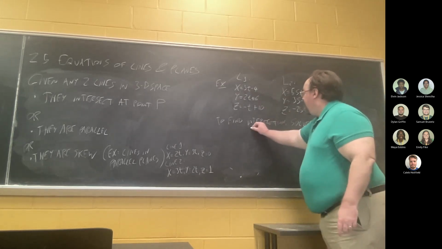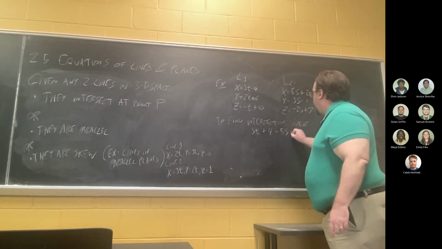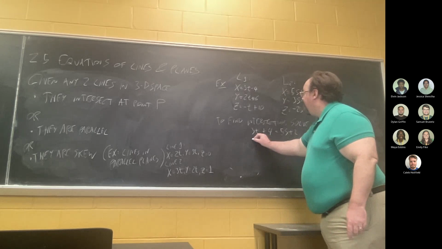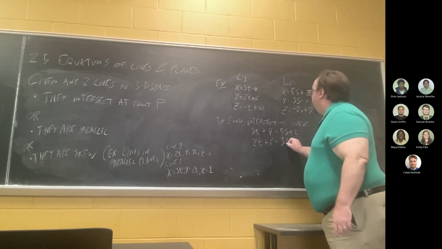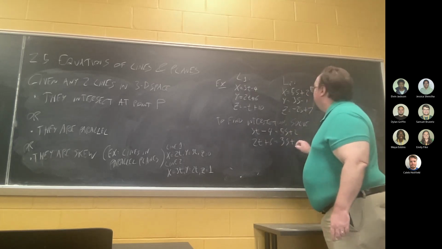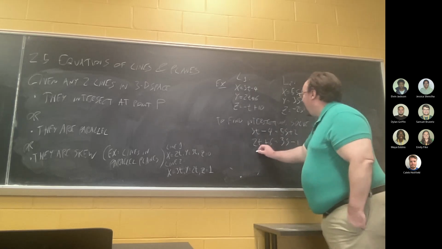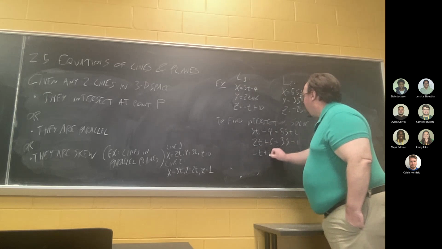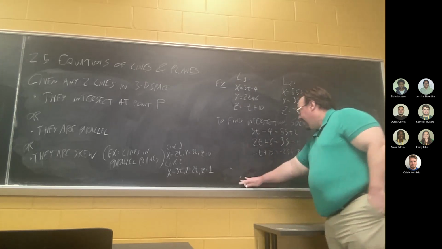So I have 3t minus 4 equals 5s plus 2 for x. 2t plus 6 equals 3s minus 1 for y. Minus t plus 10 equals minus 2s plus 7 for z. I made a few sign errors there, thank you for catching them.